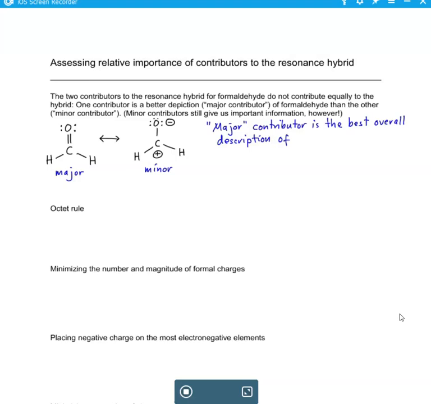So the major contributor is the best overall description of our molecule or ion. However, a minor contributor can still give us, and often does give us, important information. So let's take a look at that. Minor contributors impart important details.